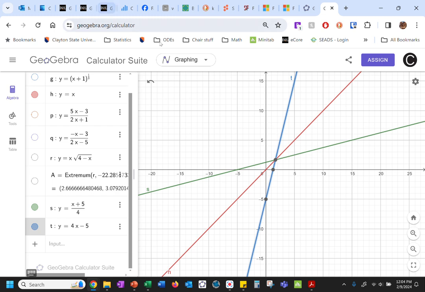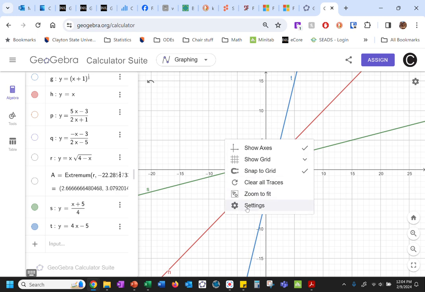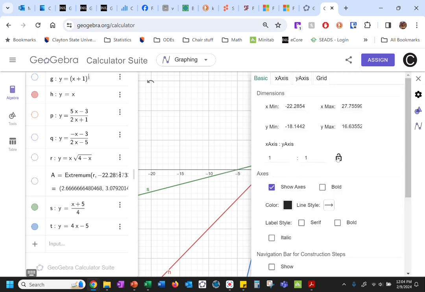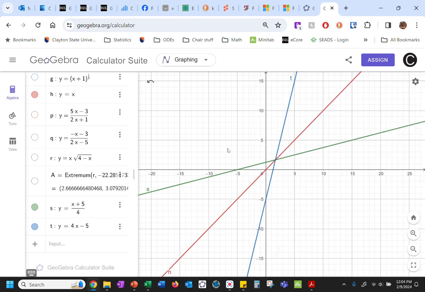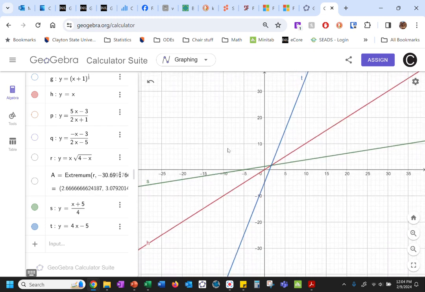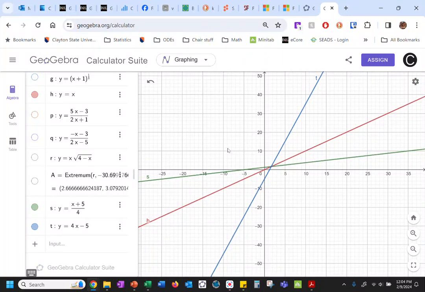But again, you want to make sure that your scale on your graph is 1-to-1. So if you go to settings, it's a good idea to make sure that the 1-to-1 x-axis, y-axis little lock icon is locked. Because otherwise, you might get something like this.